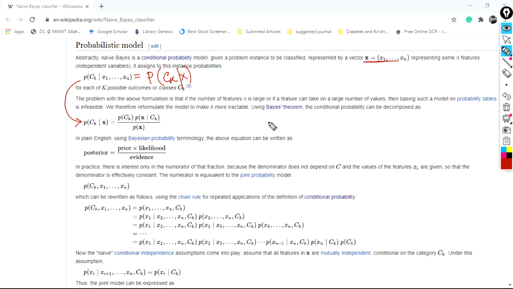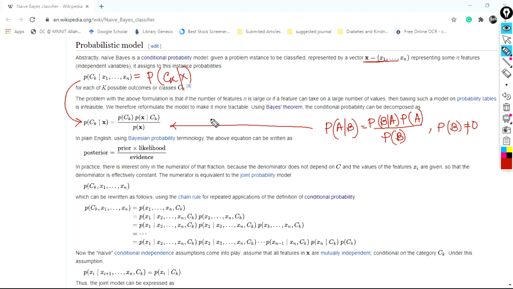If you remember, the Bayes theorem is the probability of A given B. It equals the probability of B given A times the probability of A, divided by the probability of B, where the probability of B is not equal to 0. This is the simple Bayes theorem, and we are applying it here.